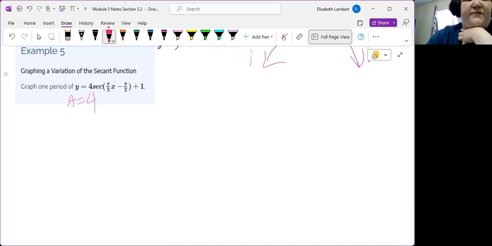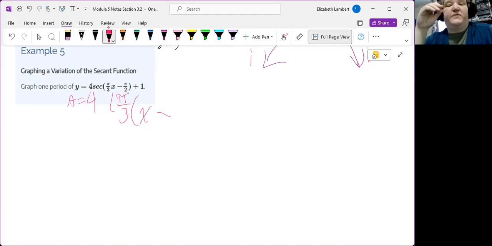All right, we need to see the factored form. So this would be pi over 3 times x minus. And so we're asking ourselves, pi over 3 times what gets us back to pi over 2? So let me just kind of thought bubble this.